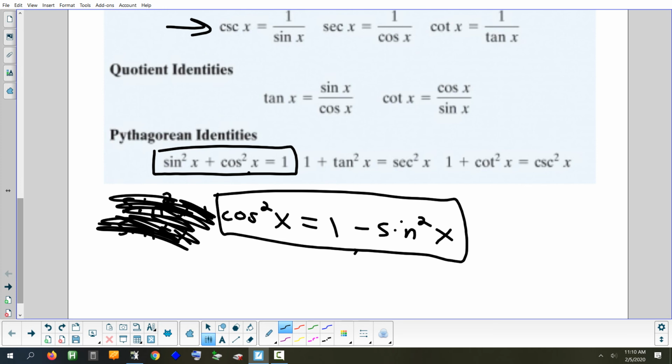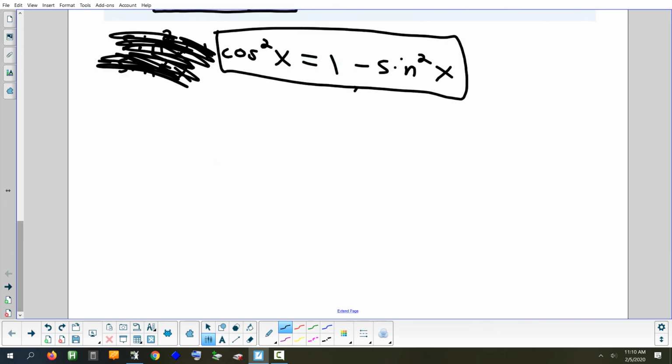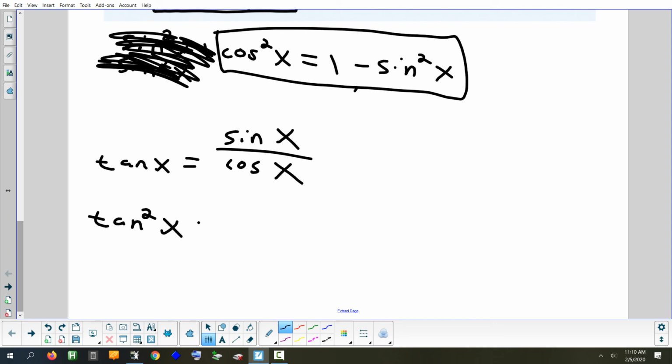Okay. Let's take a look at this one for a second. It says tangent equals sine over cosine. Well, let's look at tangent squared. When you square something, if somebody didn't understand what this 2 up high meant, how could you tell them a different way to write tangent to the second power?